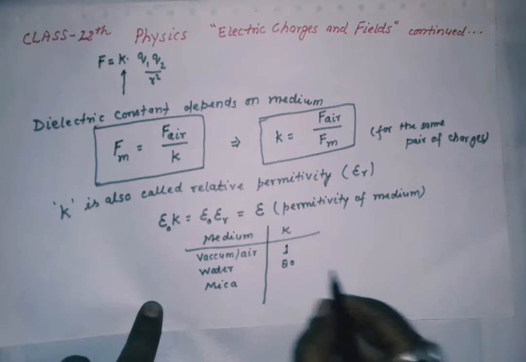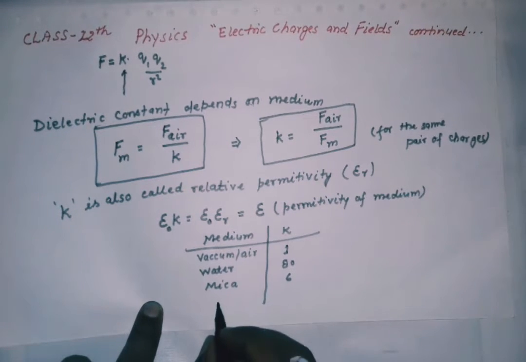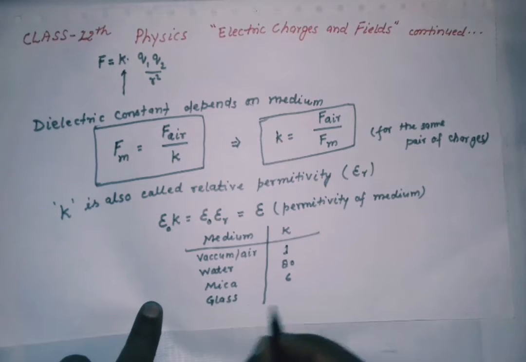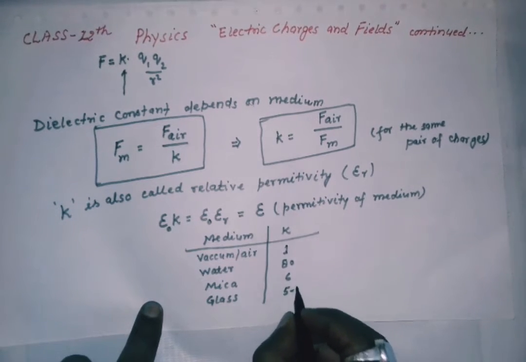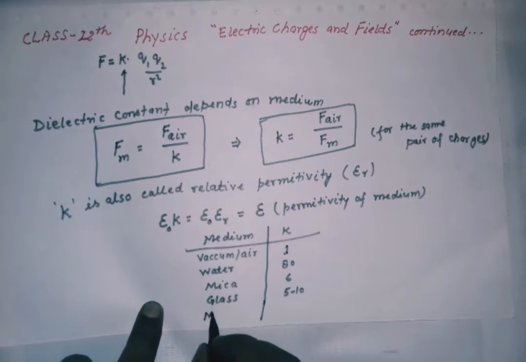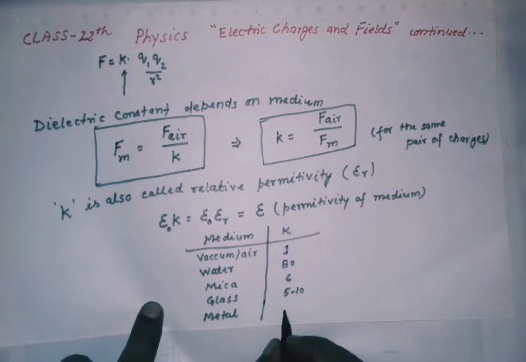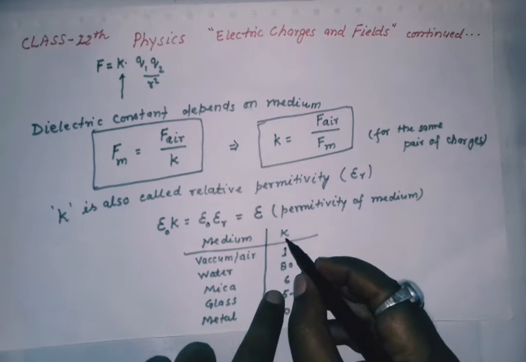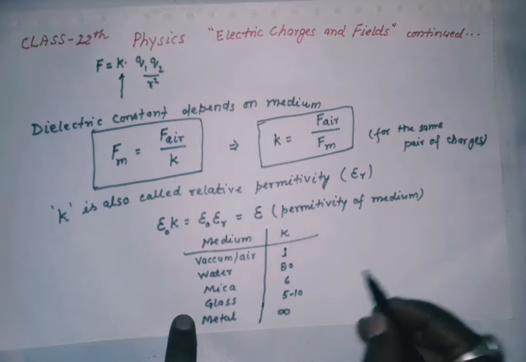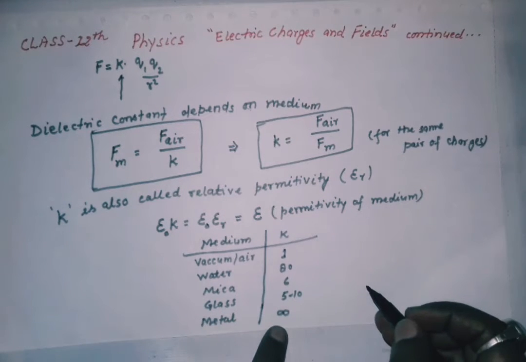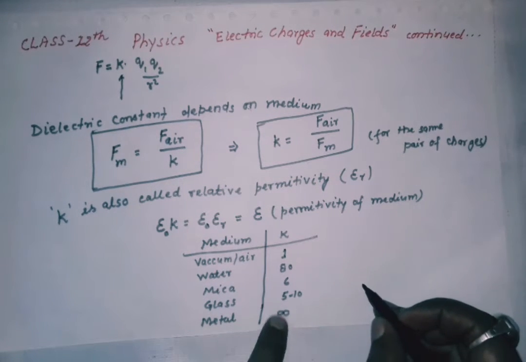For mica it is 6. For glass it is 5 to 10. For metal it's infinite. So these are the typical values of dielectric constant for any given medium. You have to remember this table for various numerical and other problem solving purposes.